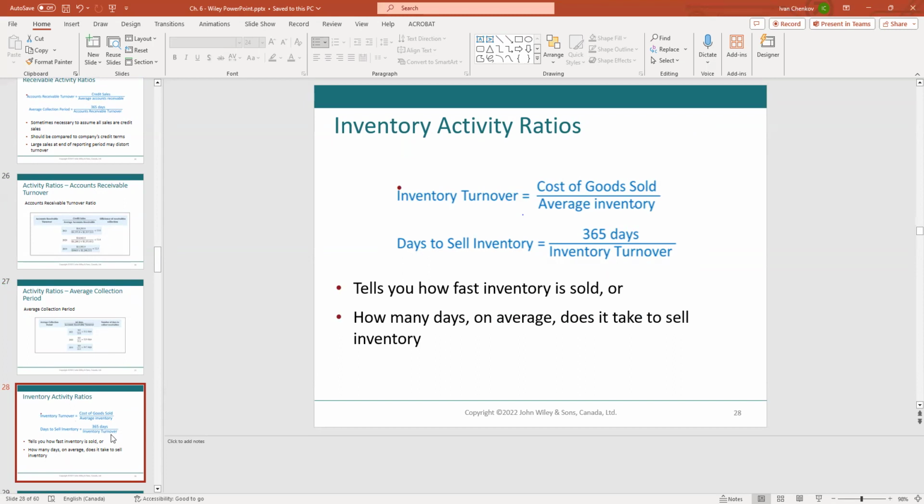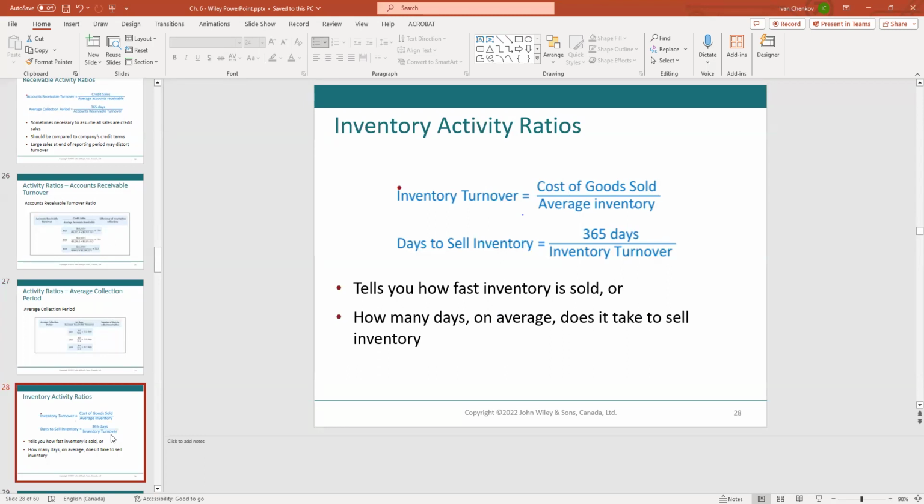Then once we get the inventory turnover, we get how many days we need to sell our inventory. Inventory turnover becomes the denominator, and 365 days of the year is the numerator. Again, that ratio tells us how fast we're selling our inventory.